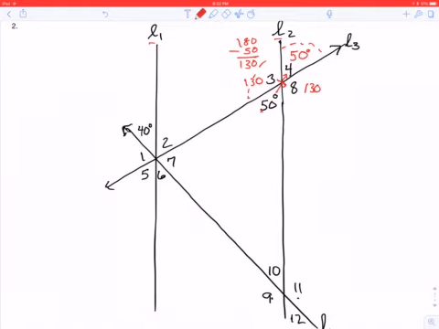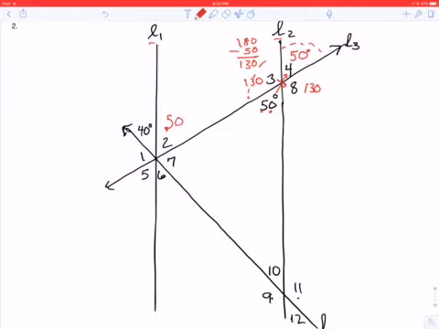Now angle 2 is alternate interior inside the parallel lines, kind of on the diagonal. So alternate interior angles are equal. So the measure of angle 2 is also 50 degrees.